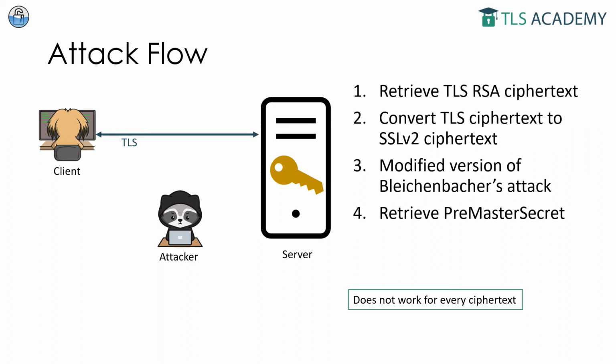Our attacker is able to passively eavesdrop on traffic between the client and server and record RSA-based TLS traffic. He records the TLS RSA handshakes. In order to apply Bleichenbacher's attack, the attacker must transform the TLS ciphertext into a valid SSL version 2 key exchange message. Then, he performs a modified version of the Bleichenbacher attack on the server, until he is able to retrieve the session key. Note that this does not work for every ciphertext.